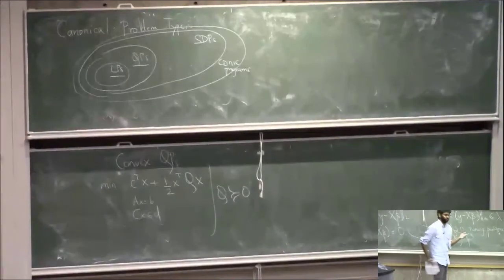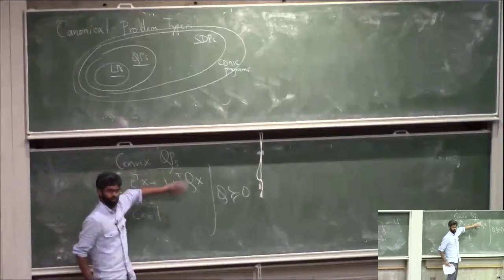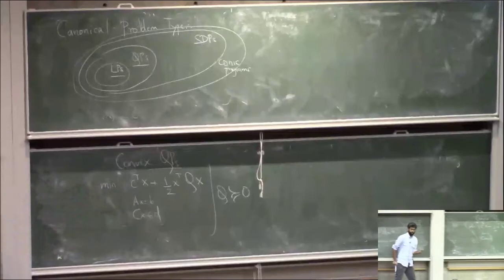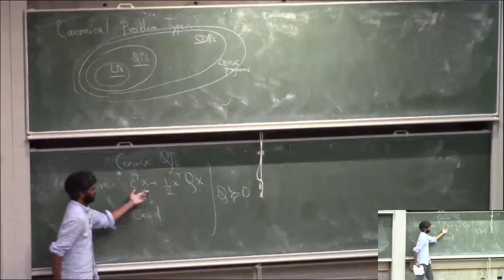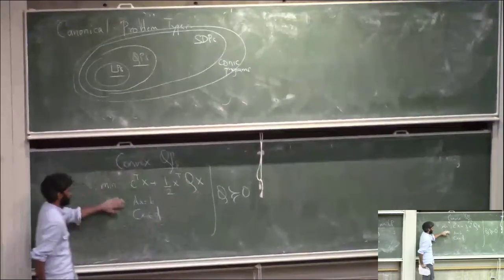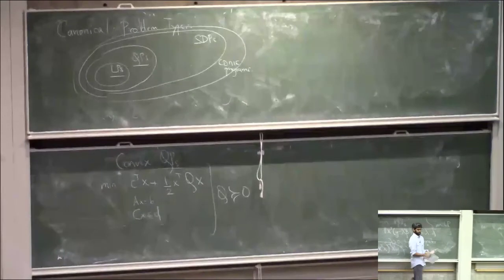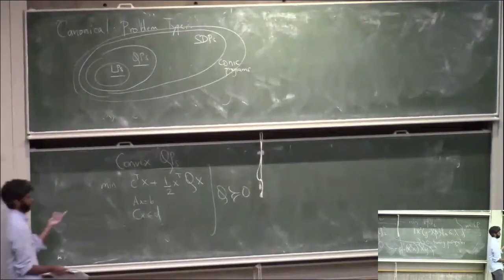So we're just going to talk about quadratic programs now. A convex quadratic program is one where the objective is quadratic. So the objective looks like some linear thing plus some quadratic thing, so there's an x transpose Qx. And you have the usual linear constraints. So a quadratic objective with linear constraints is called a quadratic program.